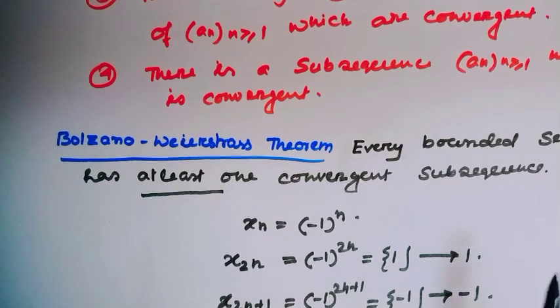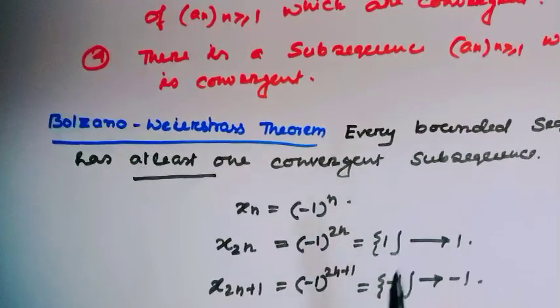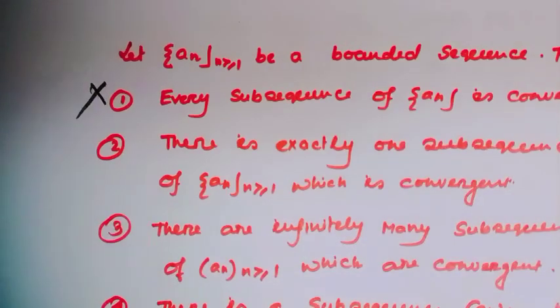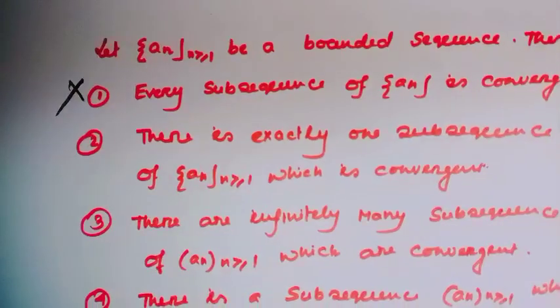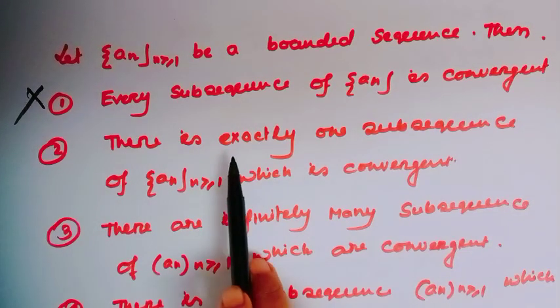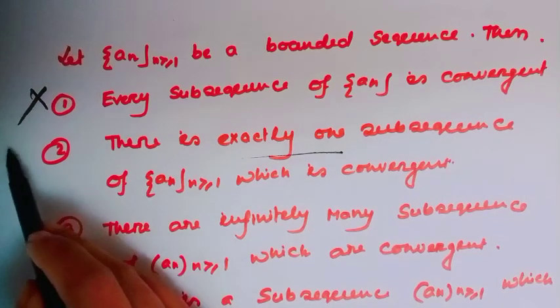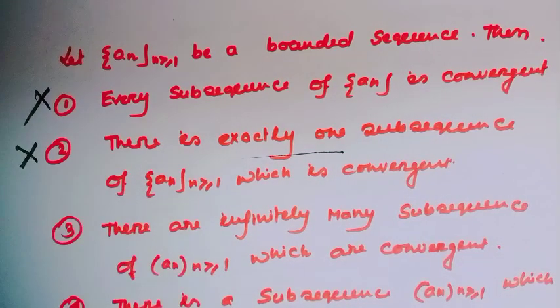This bounded sequence has two convergent subsequences. That means option 2 is also a wrong option, because it says exactly one subsequence. This is wrong.